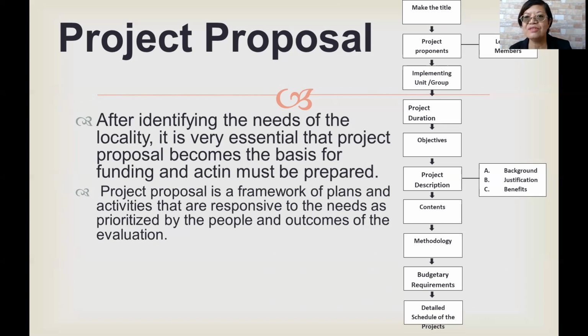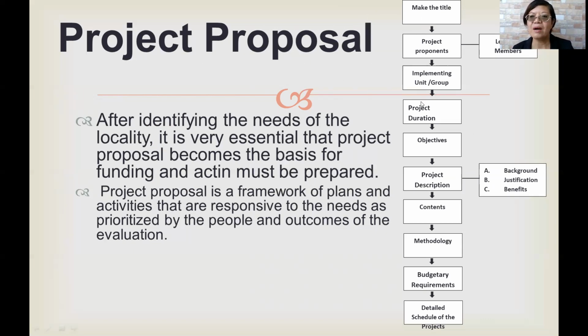So this is a flow chart of the process of preparing a project proposal. After you have conducted the training needs analysis, you can think of a title, no? And then you have to organize who will be the main proponent of your project, who are the leaders and the members.